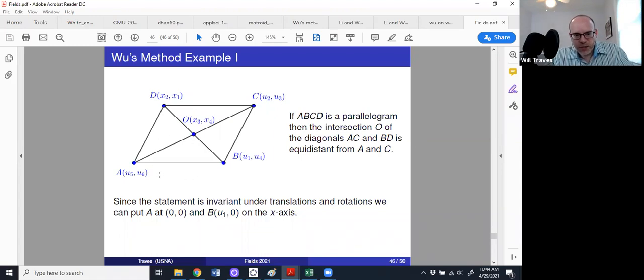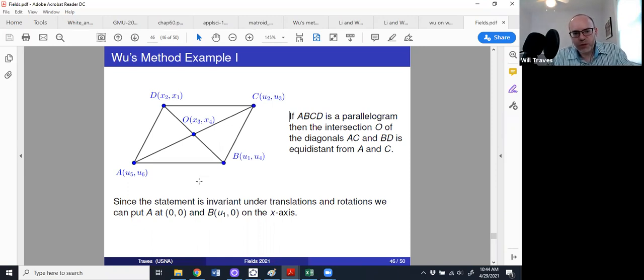So everybody gets their own variables, and then we notice that the theorem itself is actually invariant under translation and rotation, right? Doesn't matter if we use a rigid motion, it doesn't change the theorem.